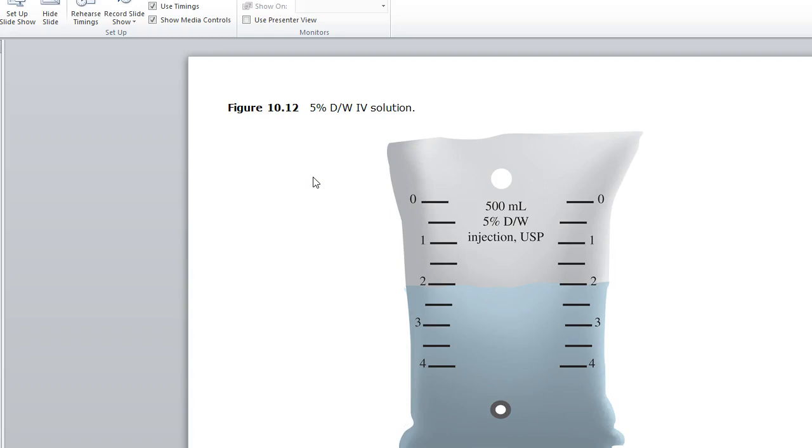And isotonic solutions are used to increase extracellular fluid. Say your patient is dehydrated, say your patient's blood pressure has dropped, because the osmolarity of the blood is very equal to isotonic solutions.